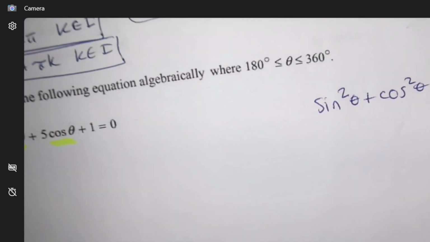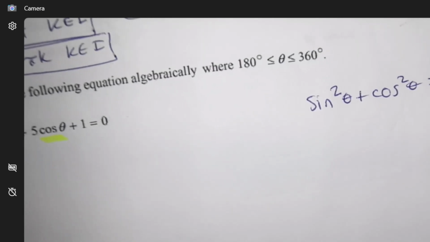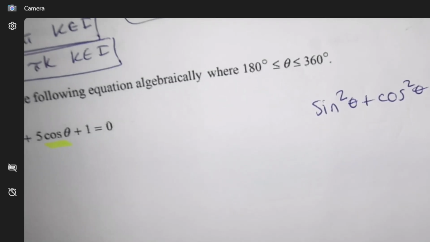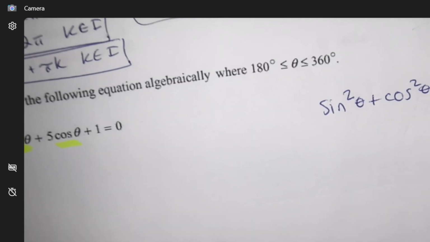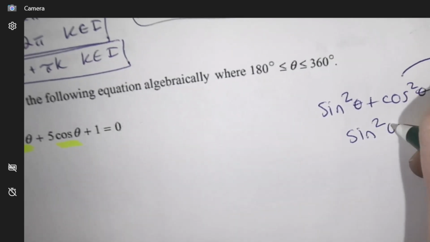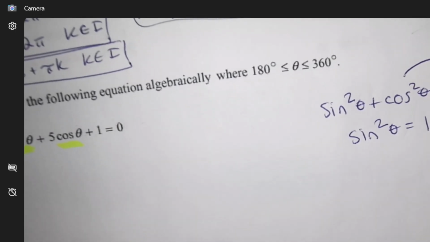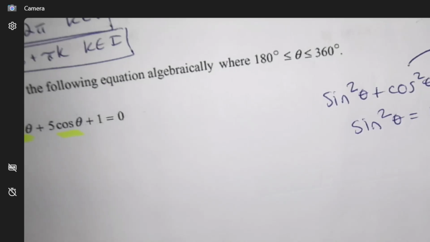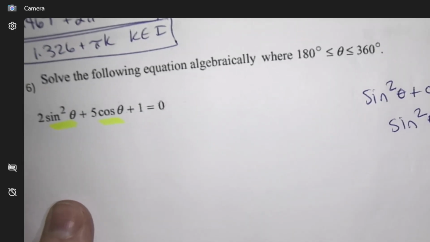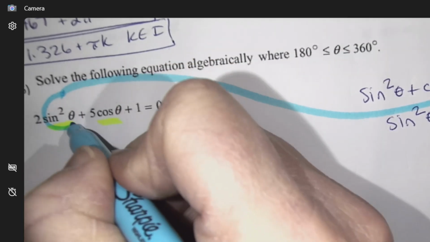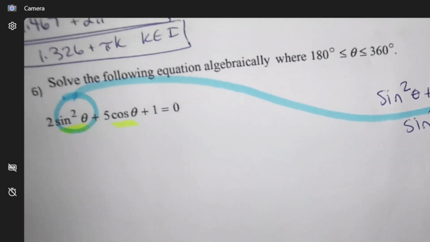Okay, so I see this on my sheet. I would like to revamp that. What should I do? I'm going to move that over. Now, if this is equal to sine squared, I can substitute it.